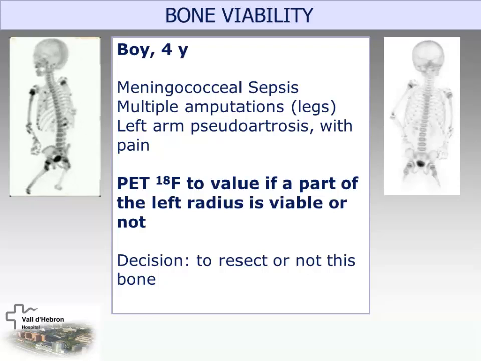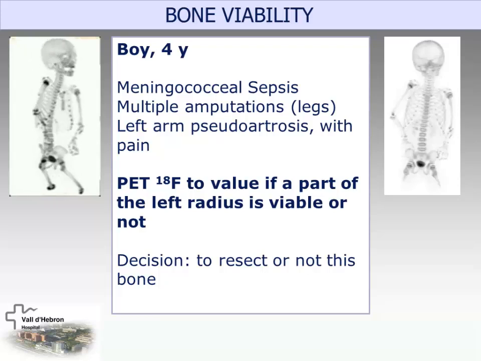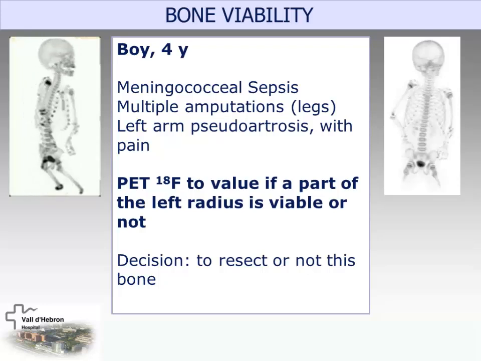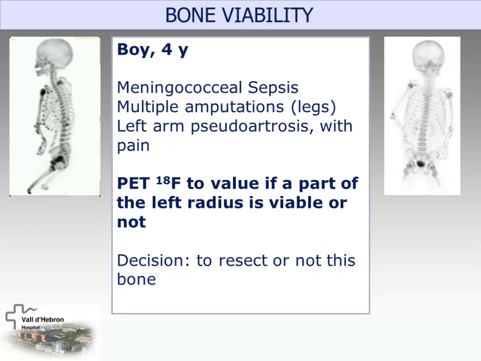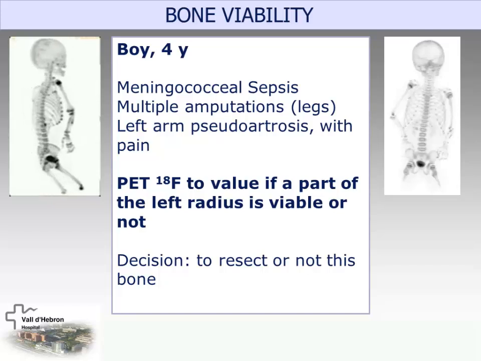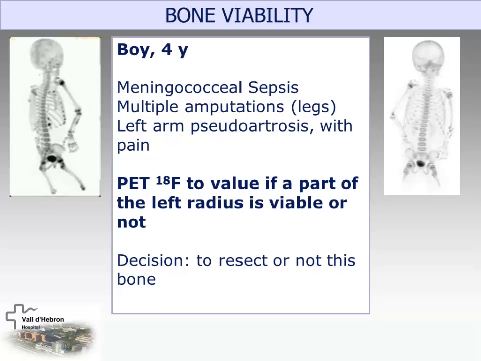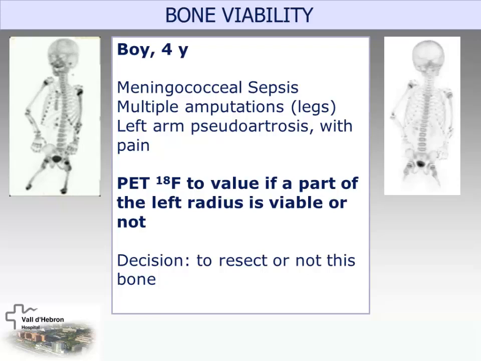The traumatologist is asking us for a PET with fluorine to assess if a part of the left radius is viable or not. One cause of bone pain is the persistence of a segment of bone without perfusion. This can provoke pain. In this case, the PET is supposed to answer the question and to decide if he has to resect this part of bone or not.